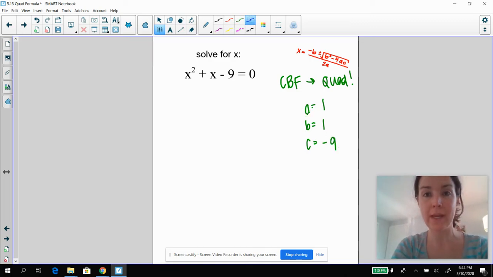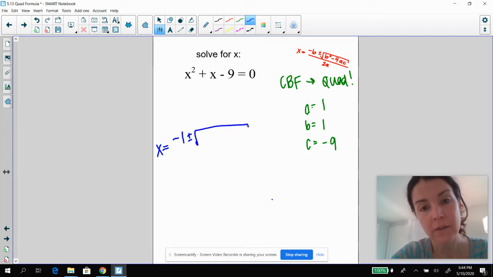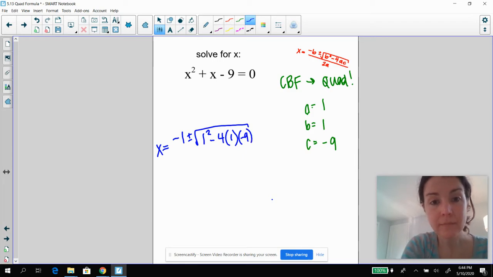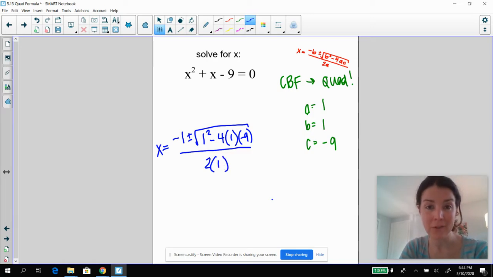And here we go. So x equals negative b, so that's a -1, plus or minus the square root of b squared minus 4, and then a is 1, and then c is -9, and then it's going to be all over 2 times a. Good? All right, so here's what we wind up getting.